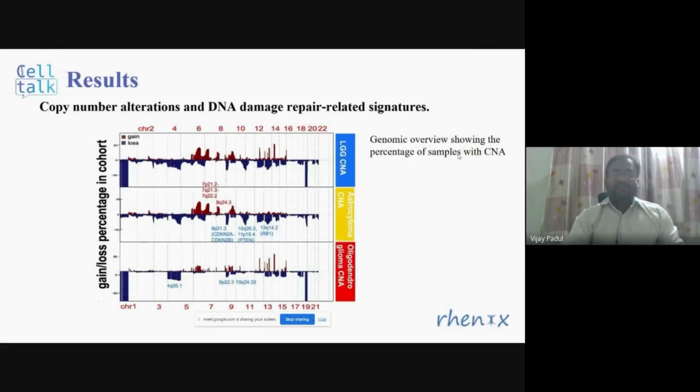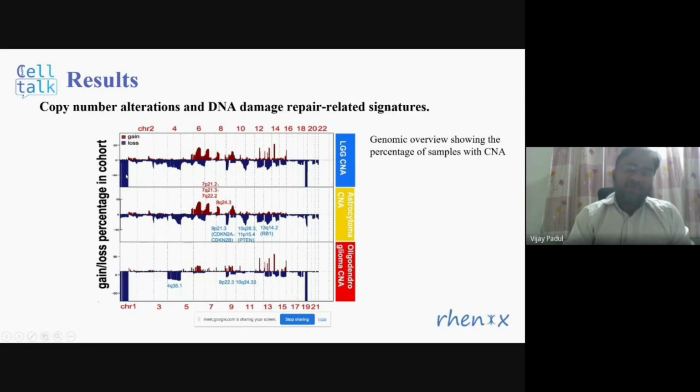Then next, they performed the copy number alteration analysis and DNA damage repair related gene signatures. Here this shows chromosome 1 to chromosome 22, and the blue segments represent the deletion, and red represents the amplification.